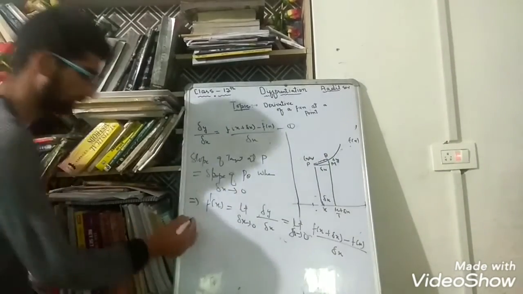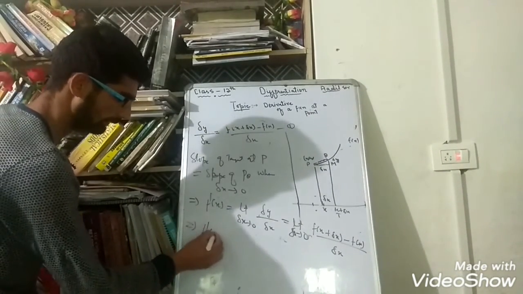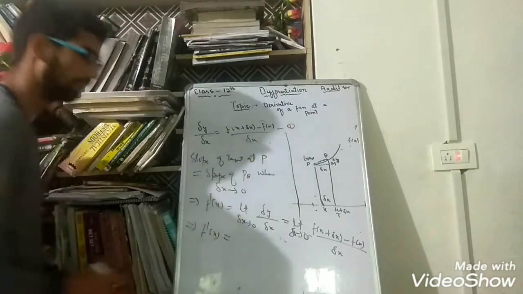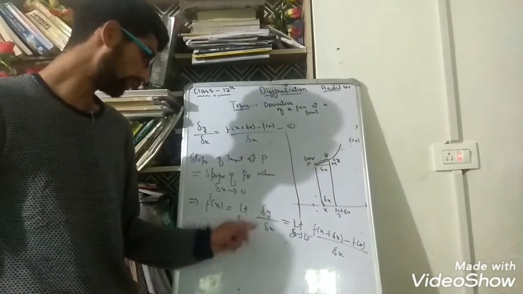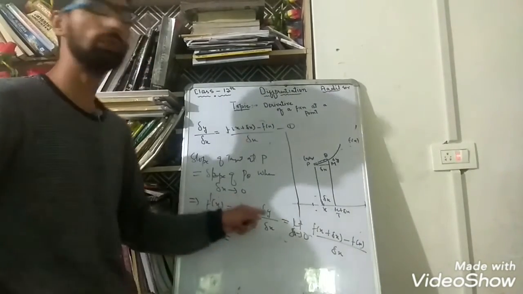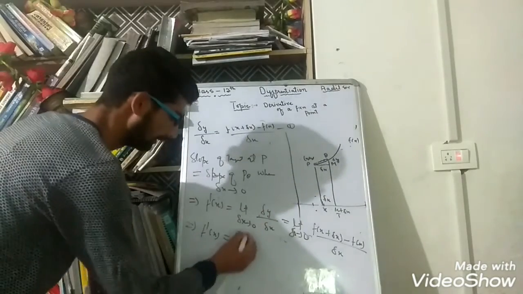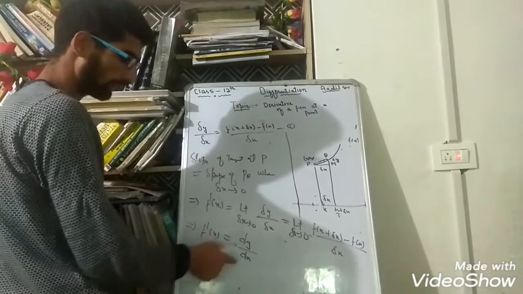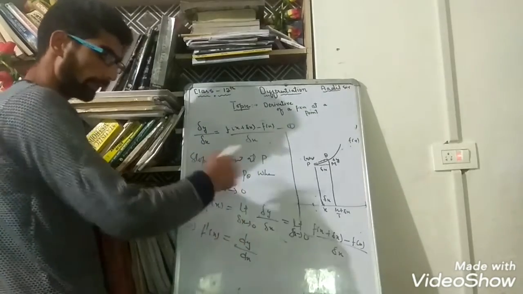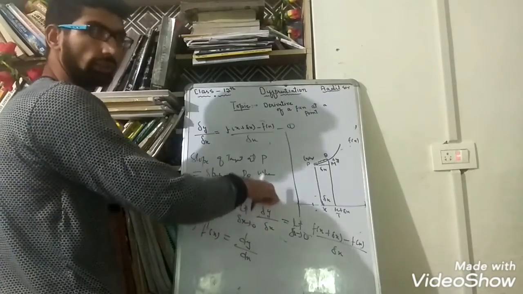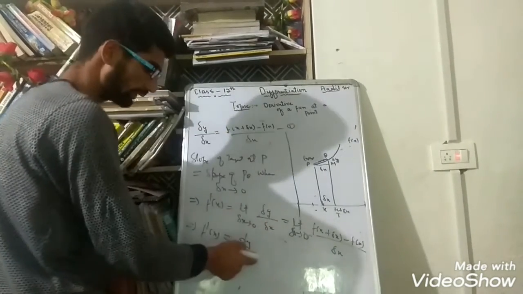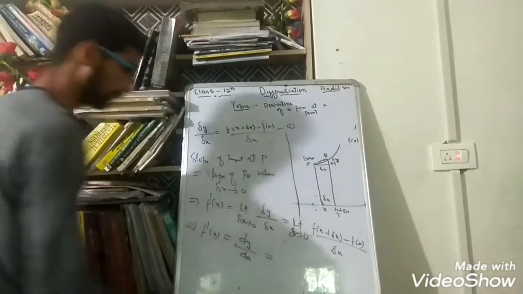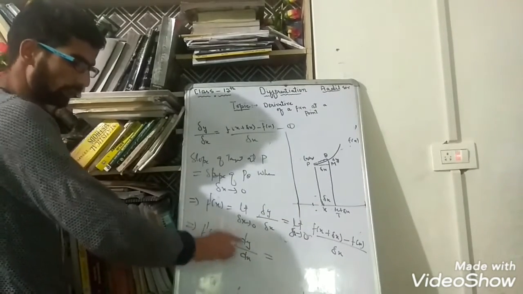So here we can apply f dash of x. This thing, when this limit del x tends to 0, is now the derivative of f of x, and we write it as dy by dx. So when we have to find dy by dx, that is the limit del x tends to 0 of the ratio of the increment. f dash of x, we also denote as dy by dx.